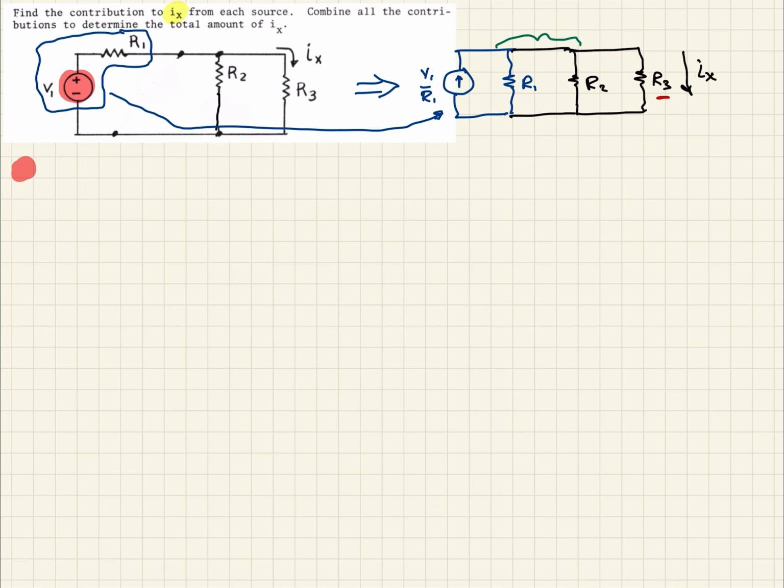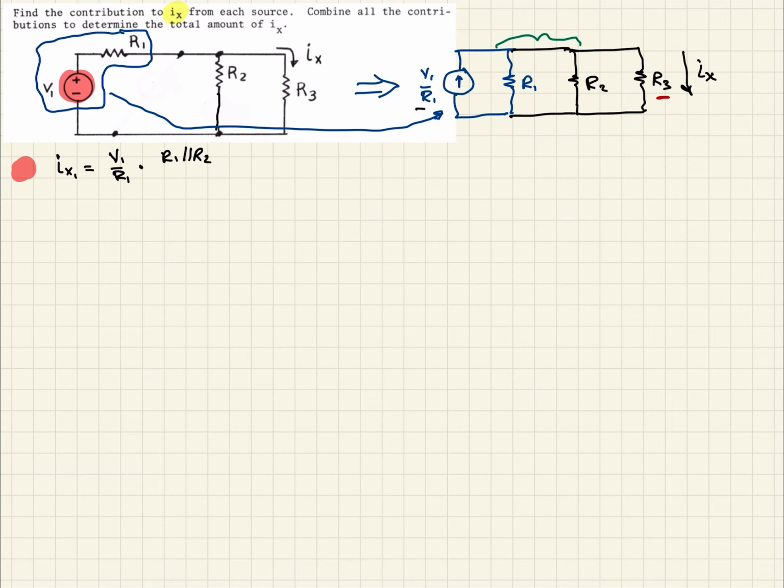That'll be these two, R1 in parallel with R2. So with that in mind, we should be able to write our equation for IX from this voltage source. We'll call this IX1. It's going to be equal to the total current, V1 over R1, which we just have right there, times R1 in parallel with R2.